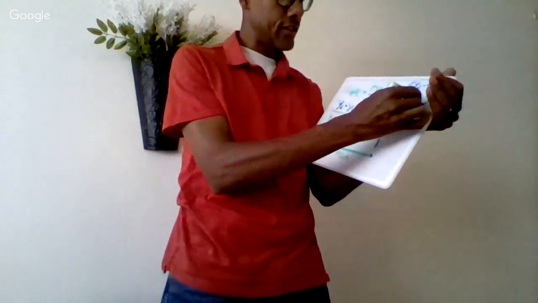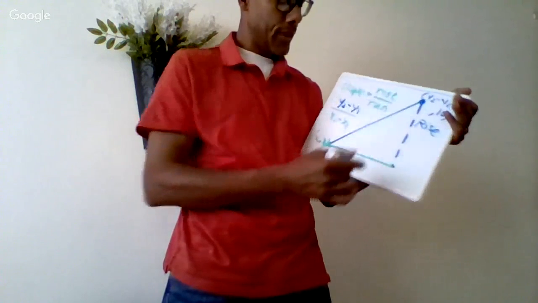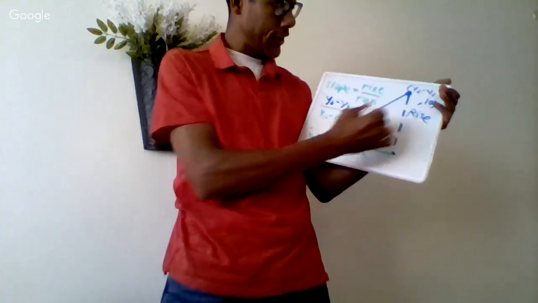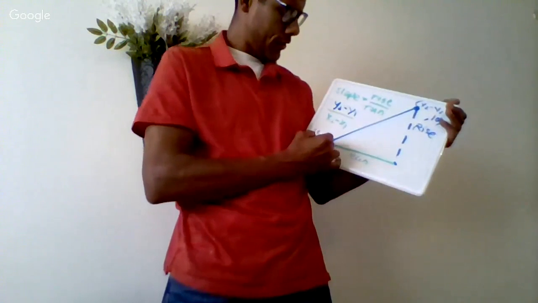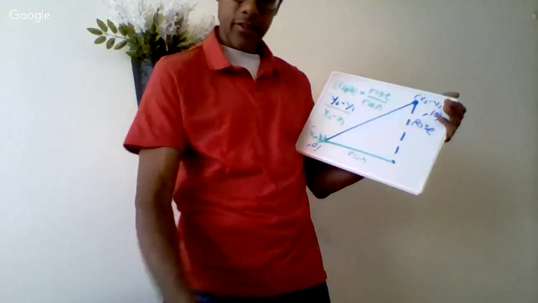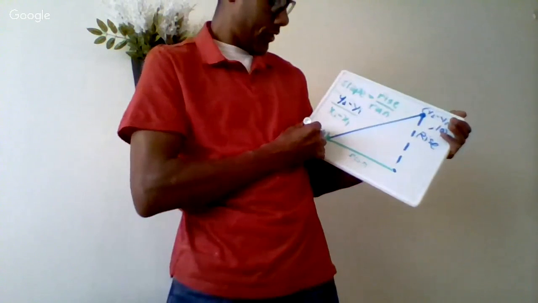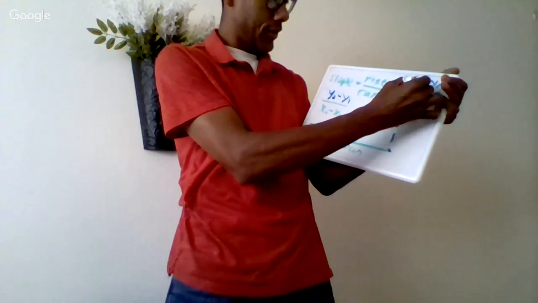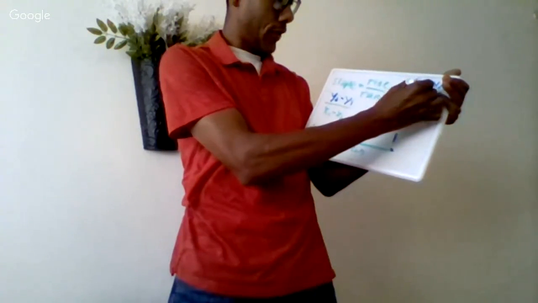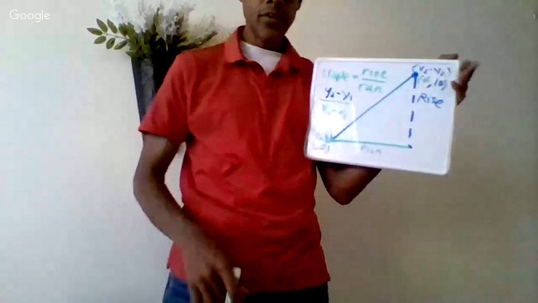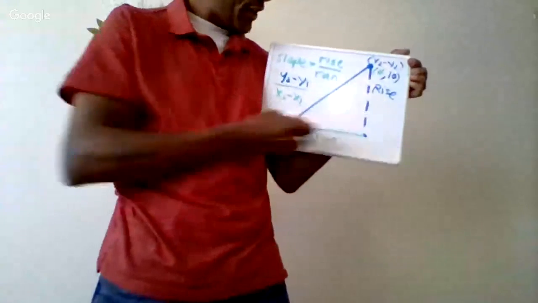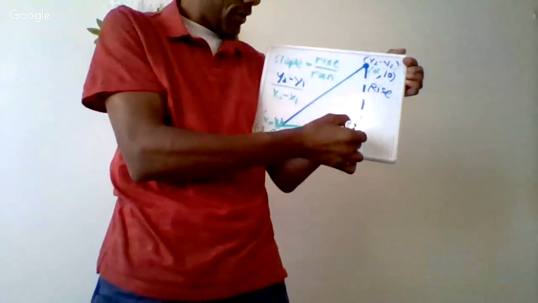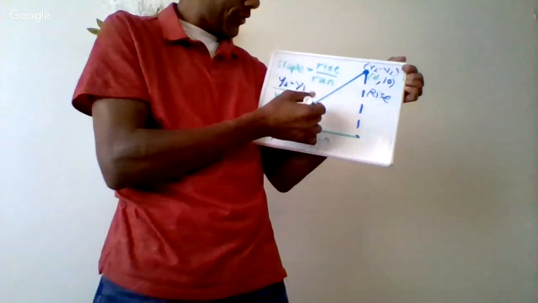Let's say this x value is -3, and this x value is 4. To get your run, you'd have to take 4 minus -3.